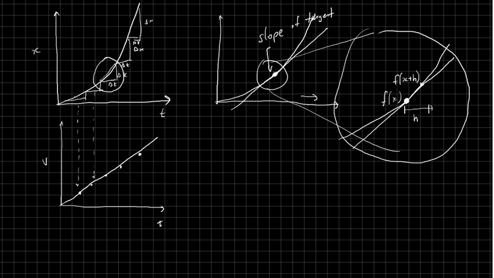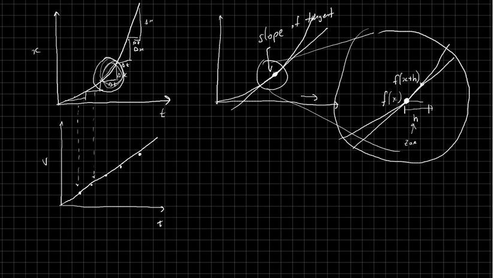The idea here is that we're trying to find the rise over the run, and then we're going to see what happens as our h value goes towards 0. These little small sections are getting smaller and smaller, so the distance over which we calculate this slope is getting smaller and smaller.